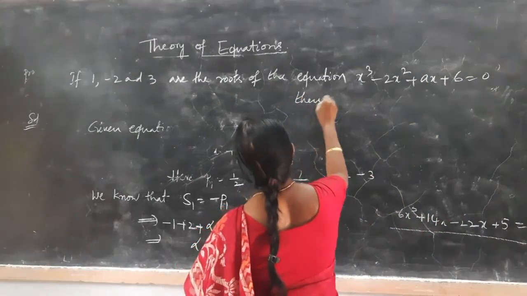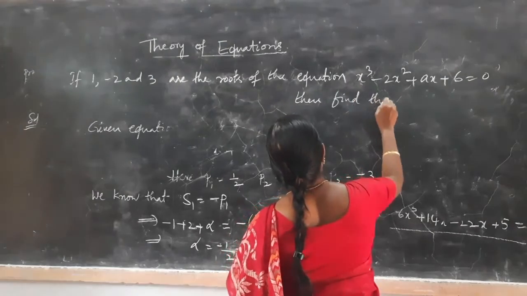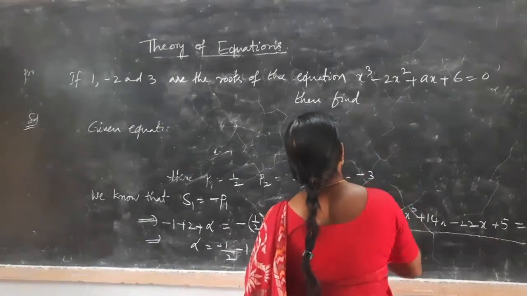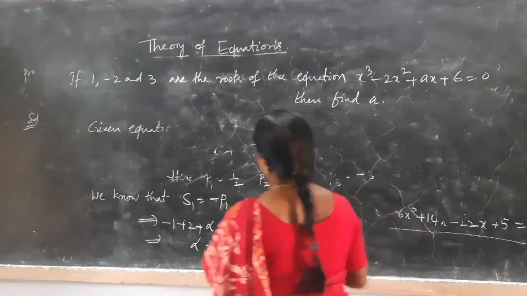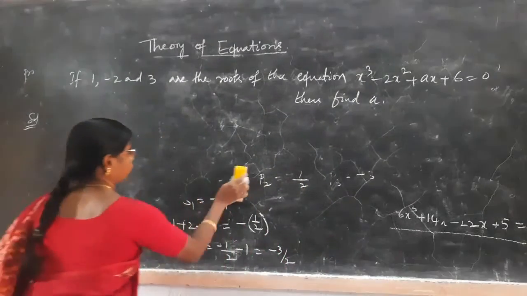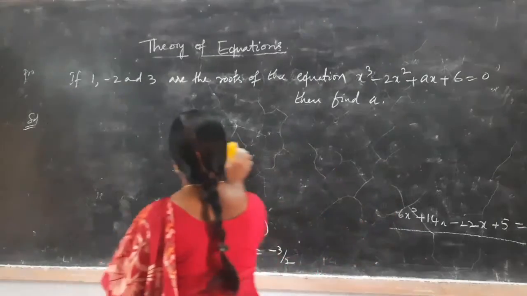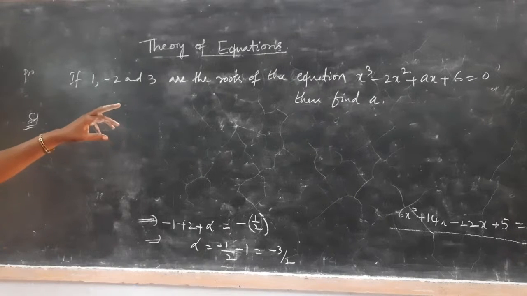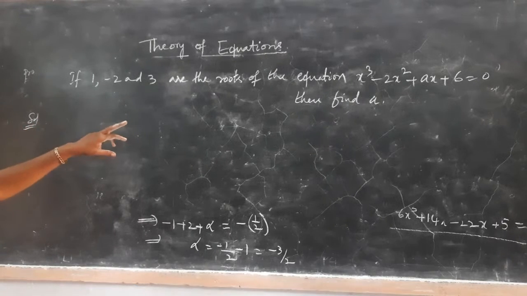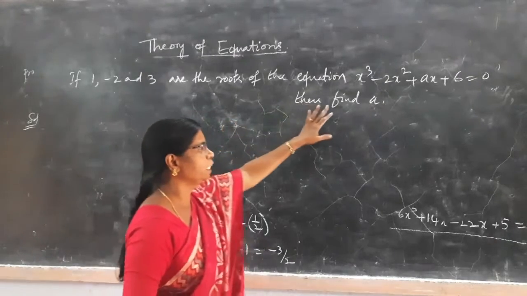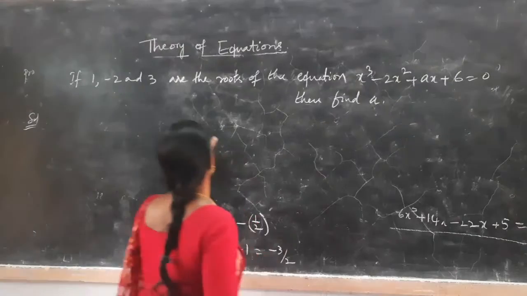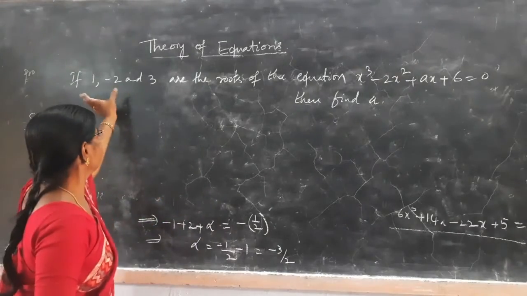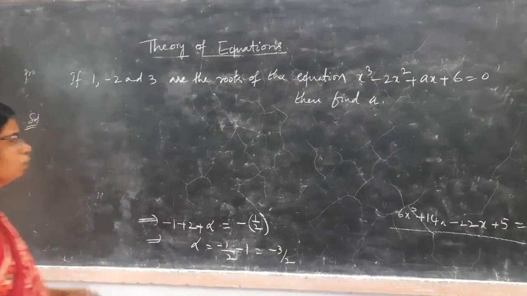Then find the value of A. So look at your problem. If 1, minus 2 and 3 are the roots of the equation, look at the equation. X cube minus 2x square plus ax plus 6 equal to 0. Then find A. This is your unknown. We have to find A. Earlier, in the roots there was an unknown; if alpha was given, we found the value of alpha. Now the roots are given, and we have to find the value of the unknown in the equation. So it's very simple.